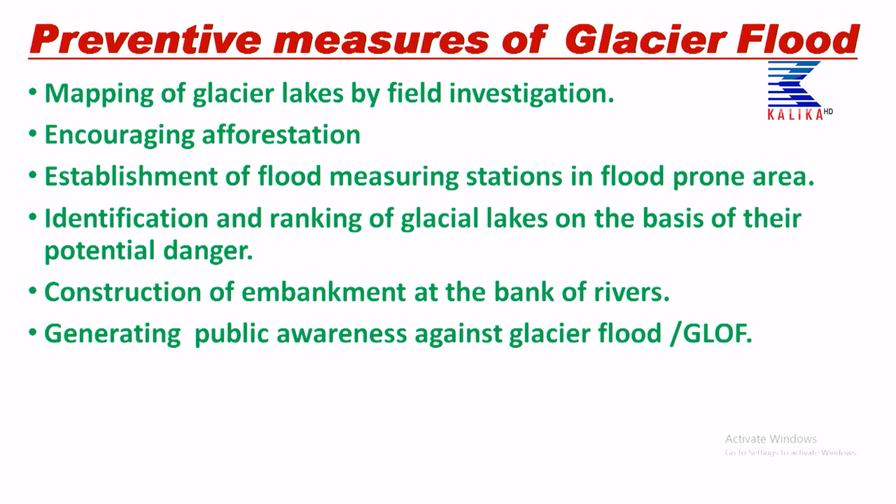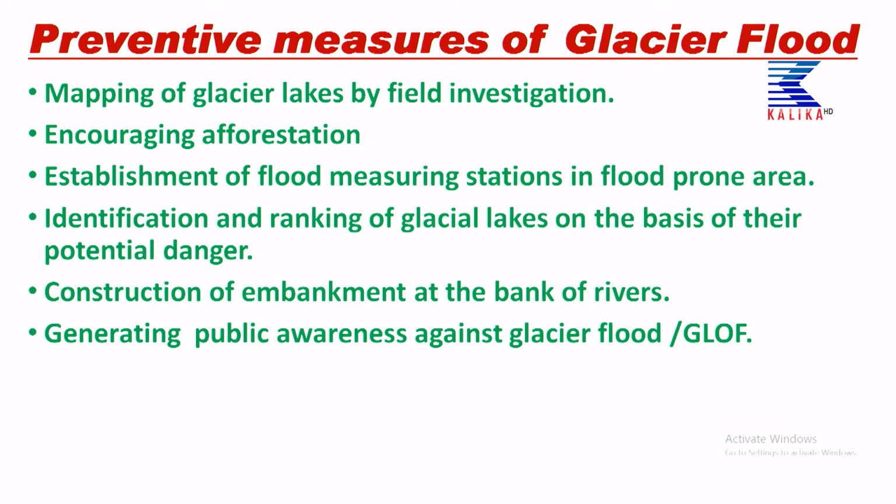So, preventive measures of a glacier flood. Glacier flood or GLOF happens because of global warming. So we need to think about reducing the greenhouse gases and keeping the temperature of the earth at a constant level, not allowing it to increase. Mapping of glacial lakes by field investigations.